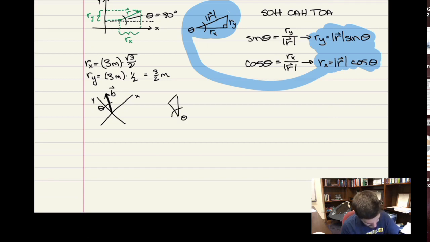This is theta, this is the hypotenuse, or the length of b, and then this might be the x component, and this is the y component, according to the axes that I drew down. But in that case, I would say, for example, the y component is the length of the vector times cosine, because where I drew that angle is touching the adjacent side of that triangle, b sub y. So since cosine is adjacent divided by hypotenuse, cosine is b sub y divided by the magnitude of b.